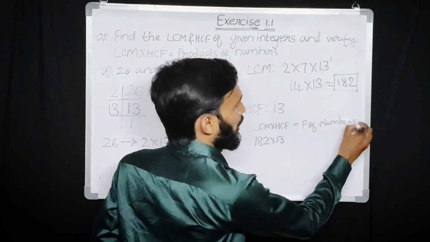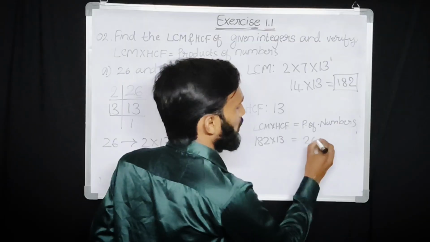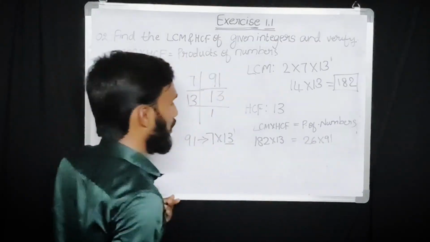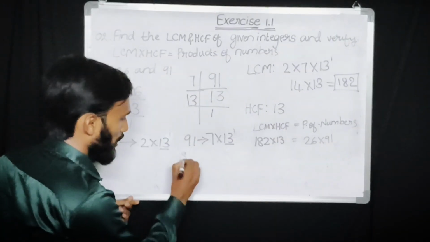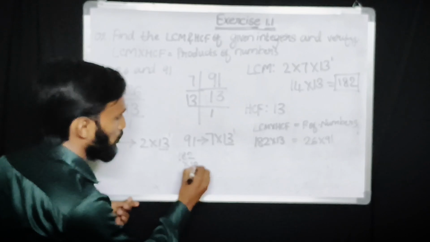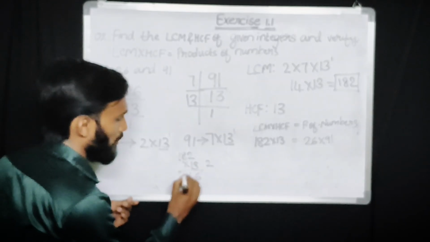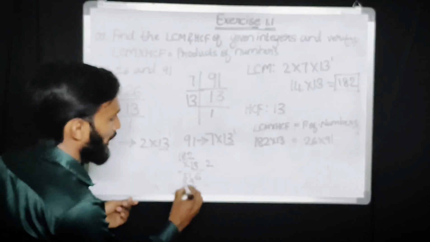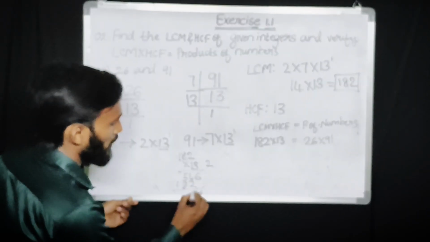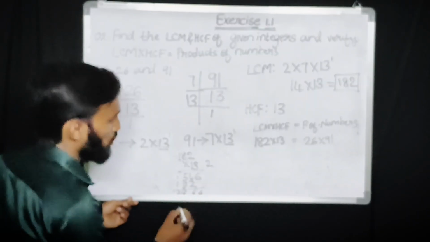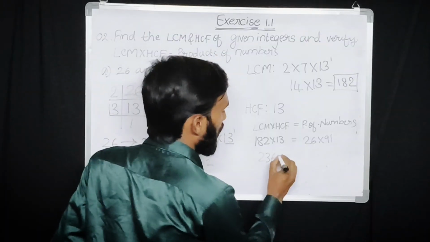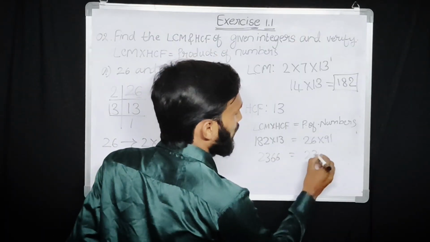What is the product of the numbers? 26 into 91. If you do the calculation here, 182 into 13: 3 twos are 6, 3 eights are 24, and so on, giving 2366. If you multiply this also, you will get the same.